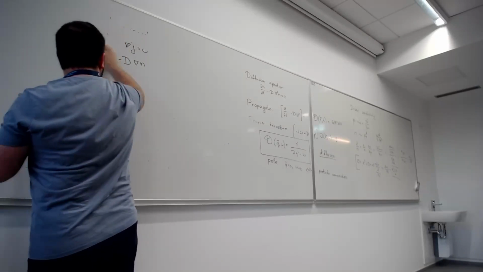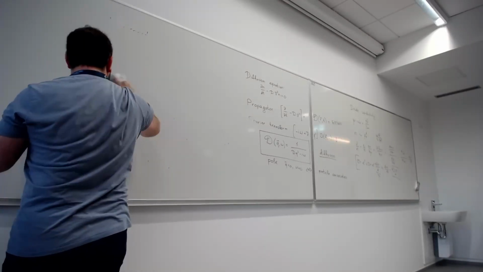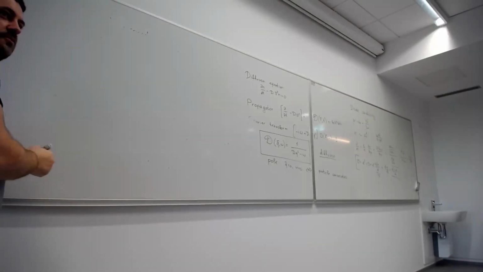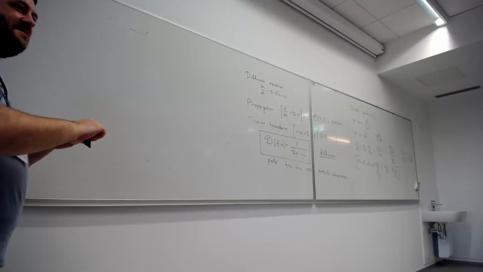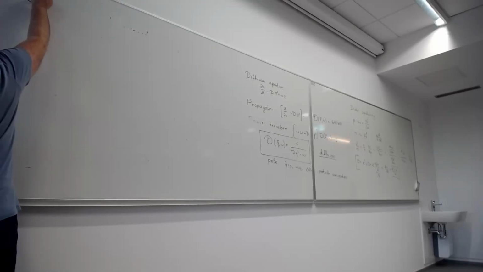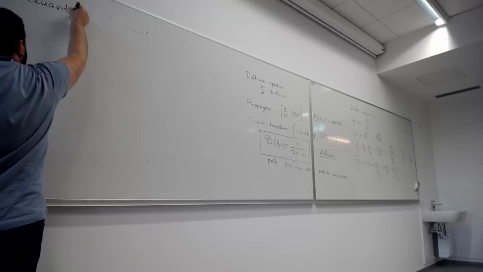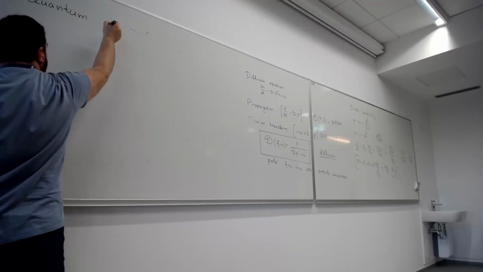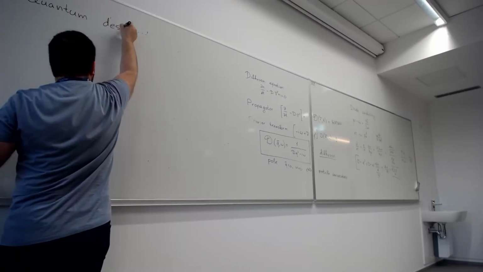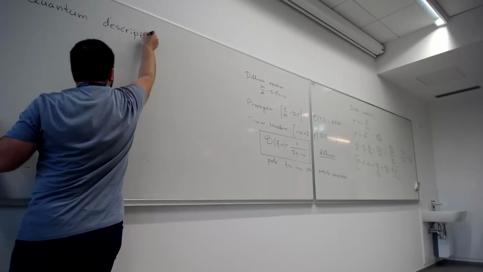So the starting point for any quantum mechanical description of anything is the Hamiltonian. So it will be a quantum description of transport, but on the level that for now only reproduces the classical results.